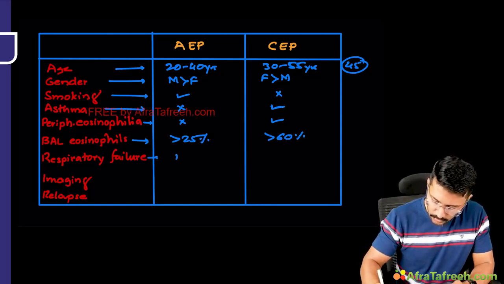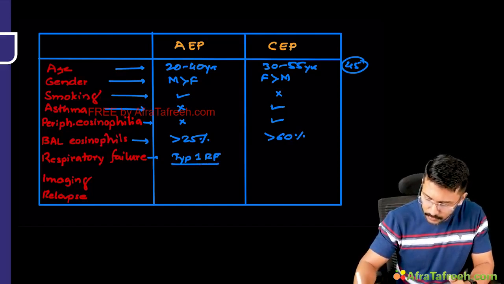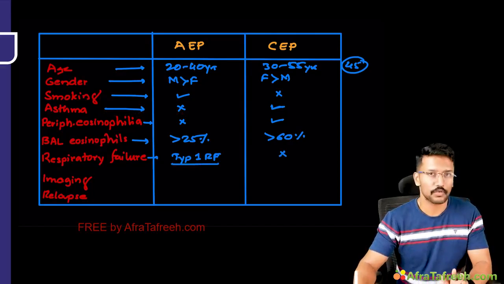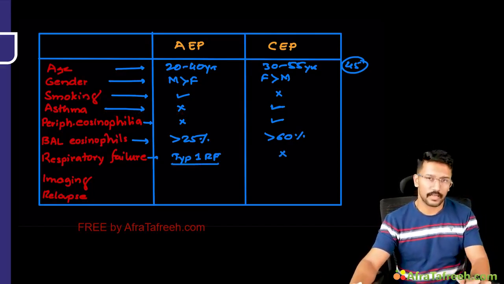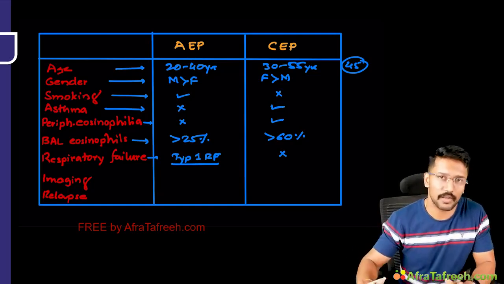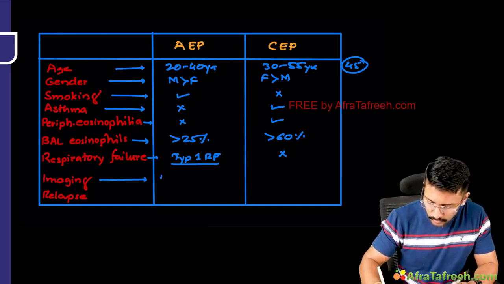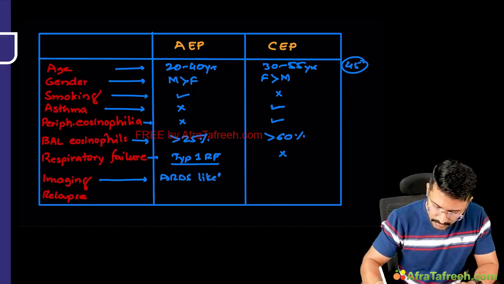Now, type 1 respiratory failure occurs in patients with acute eosinophilic pneumonia because it's an ARDS-like presentation. It's very common. It is rare in chronic eosinophilic pneumonia. Hypoxia is rare. Dyspnea occurs, but they're generally able to compensate and maintain their saturation levels. On imaging, in acute eosinophilic pneumonia, we will see ARDS-like imaging features.